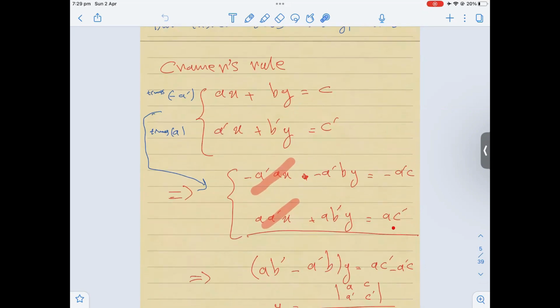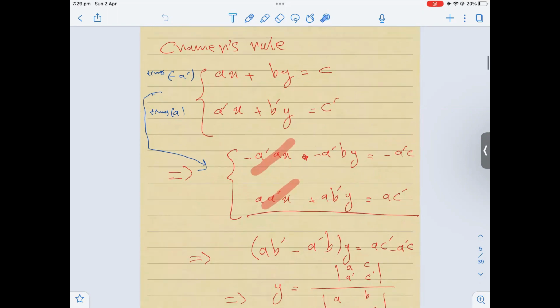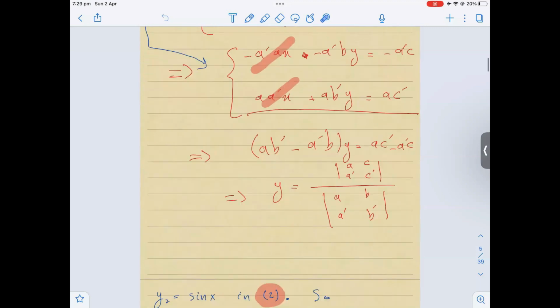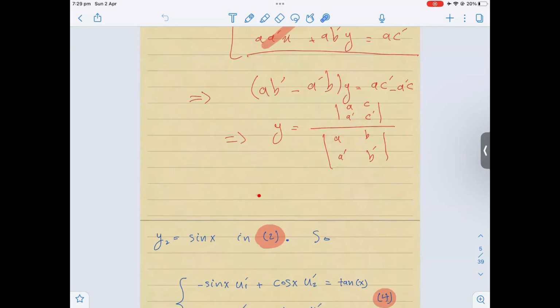I will be left with these terms, and if I add them together, I will have this one. The left side can be written as a determinant, and the right-hand side, ac prime minus a prime c, can also be written as a determinant. In the same way, I am able to obtain y as well.